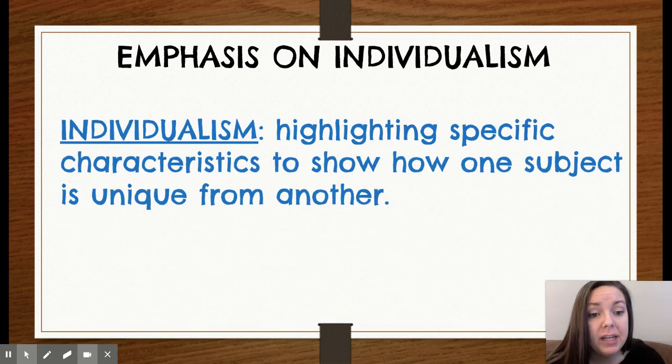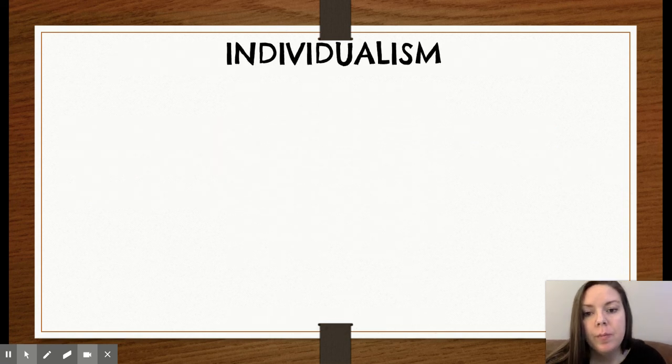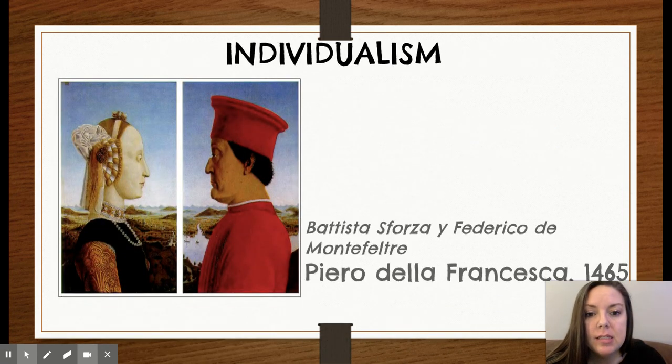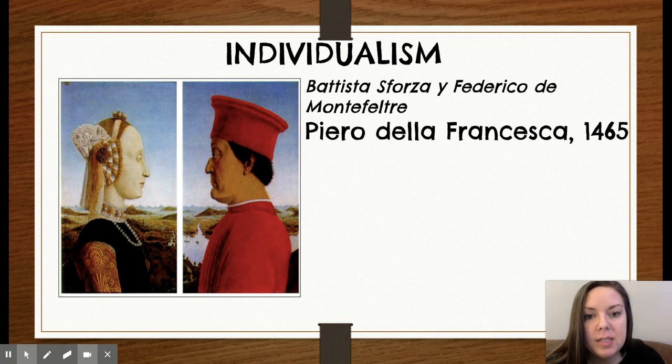Individualism, highlighting specific characteristics to show how one subject is unique from another. So if we look at this painting, this is a painting of a husband and wife, Battista Sforza and Federico de Montefeltro, by Piero della Francesca from 1465. So prior to this, paintings weren't really accurate of people.